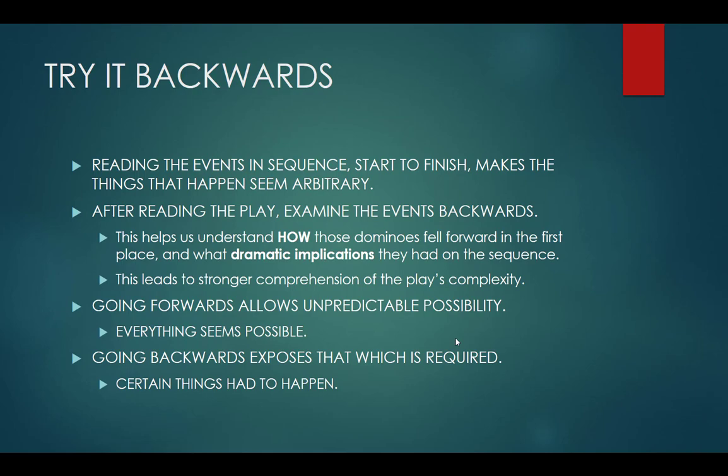But you read it backwards and you realize that certain things actually had to happen if the play was going to happen. If we were going to get the story, the drama that unfolds in the manner in which we have it, from start to finish, those events actually had to occur. And they don't seem so arbitrary if we look at it that way.